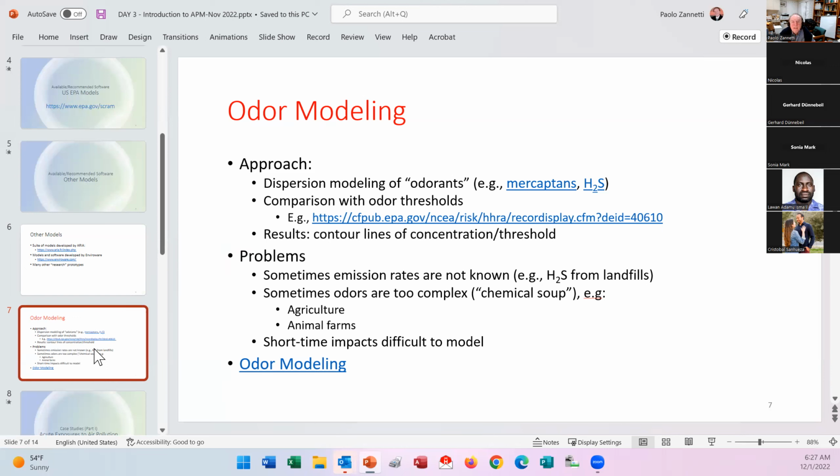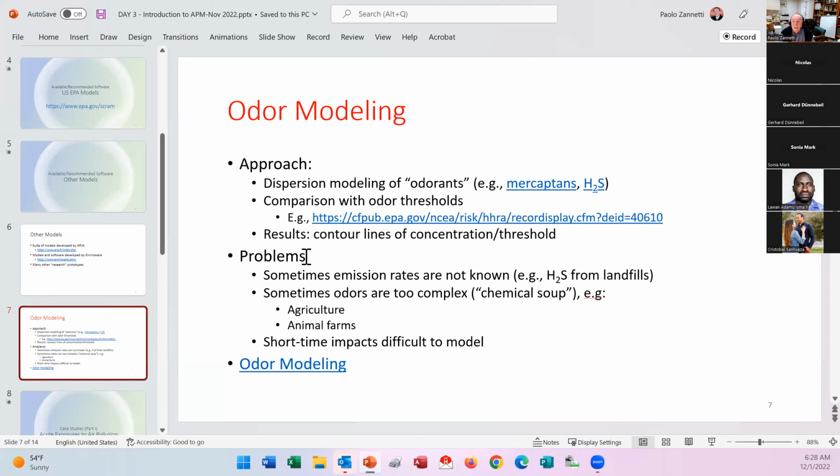But in many cases, what we are asked by our client is not just to simulate air pollution, but to simulate the odor impact of air pollution. And this is really opening a new series of studies, analyses and challenges. There are chemicals that have a bad odor.